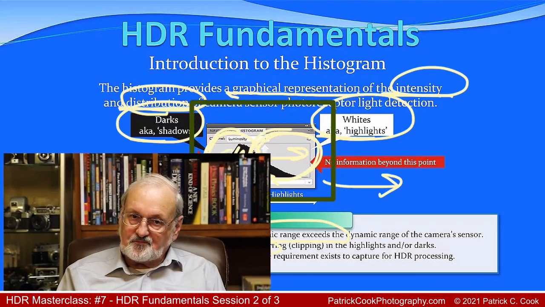So I know that this is a lot of territory to cover, but the histogram is going to be a key component in understanding the amount of light that is coming into the photoreceptors of the camera's sensor, and gives you a graphical representation of the distribution of that light and the intensity of that light.